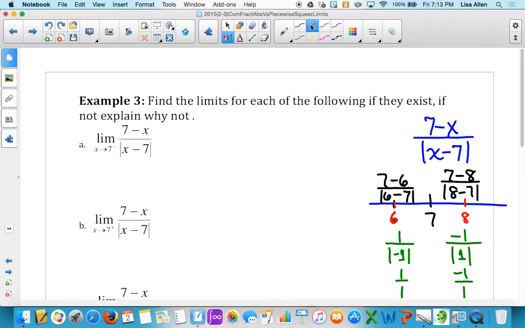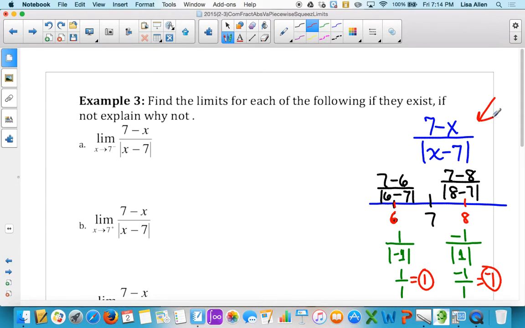So on the left-hand side, it appears that we have 1. On the right-hand side, the value is going to be negative 1. Now we might try that with a few other values, but with induction, after a couple tries with values to the left and right of 7, we're going to find that all the values are going to be 1 or negative 1.